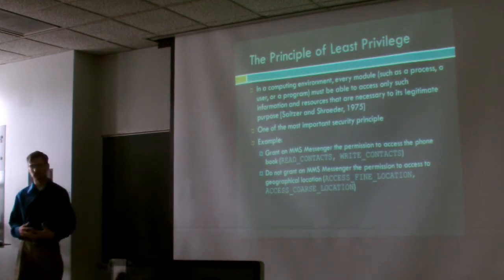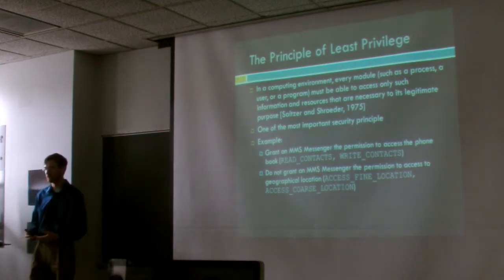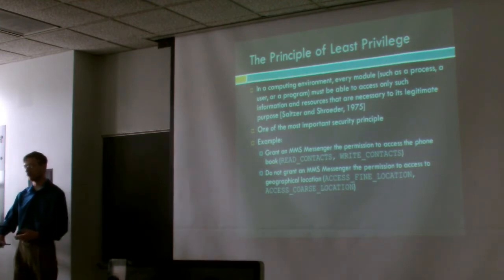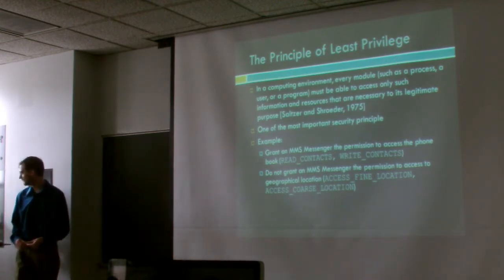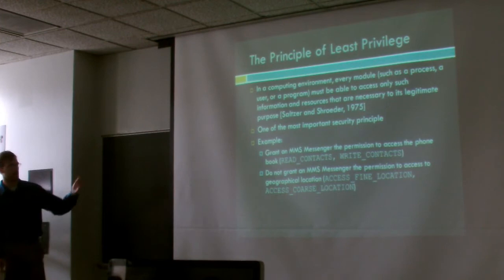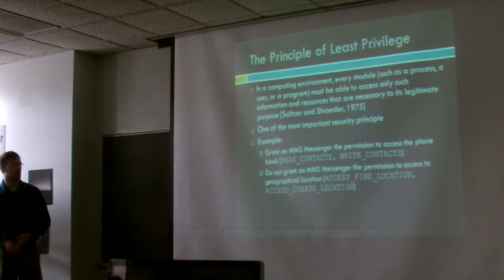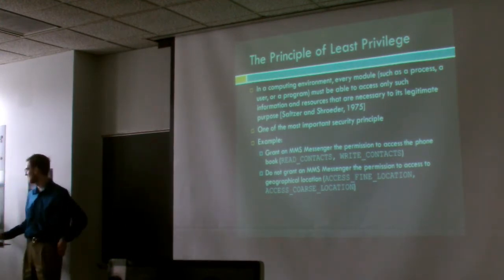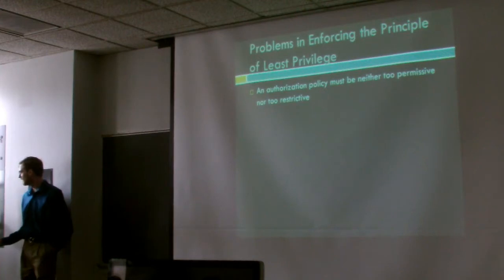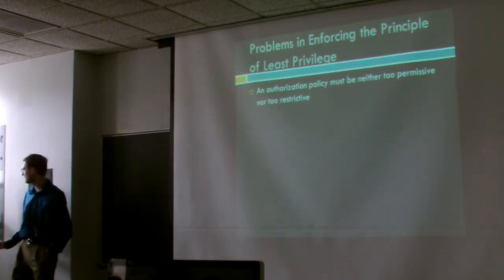Now I want to talk about the principle of least privilege, which essentially means an application should only have the permissions that it needs and no more. For example, you want a text messenger to be able to access your contacts and write to them, but you don't necessarily want it to access your location or anything beyond that.